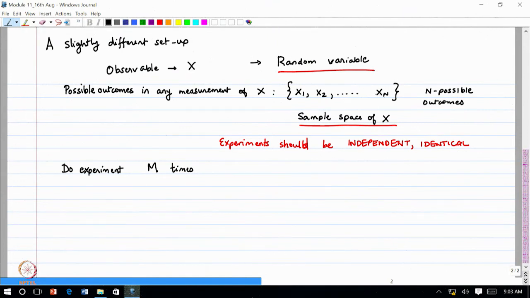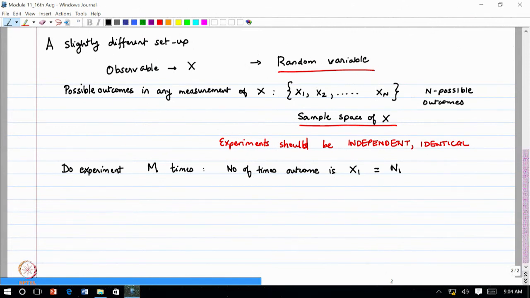Now, if you do it m times, the number of times the outcome is x 1 is equal to n 1. That means, out of these m times, n 1 times you get x 1.